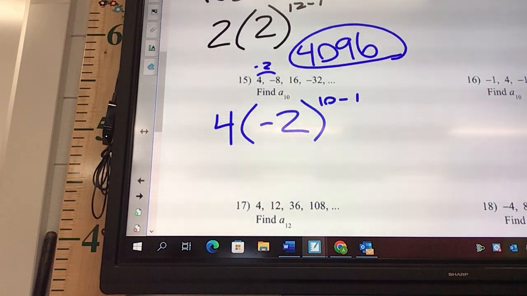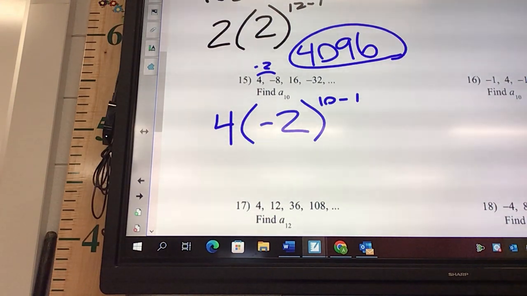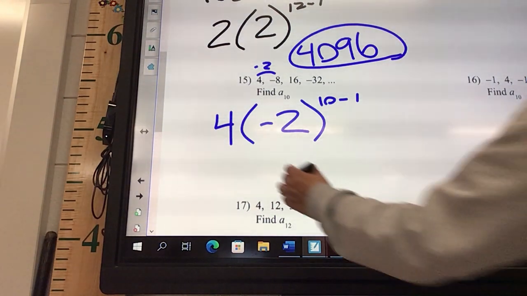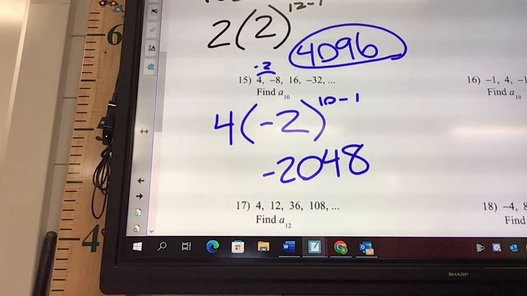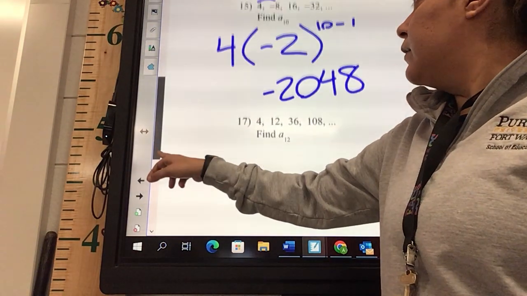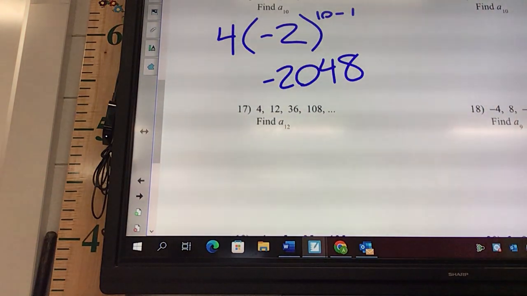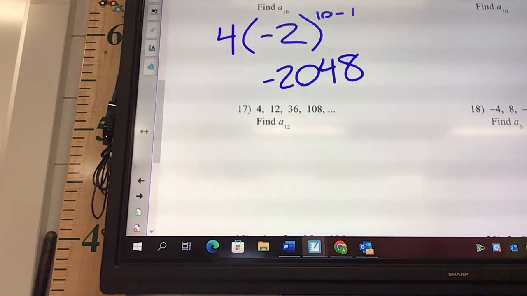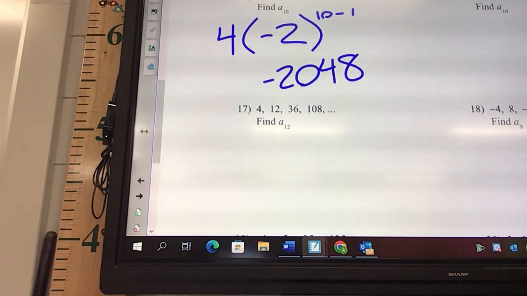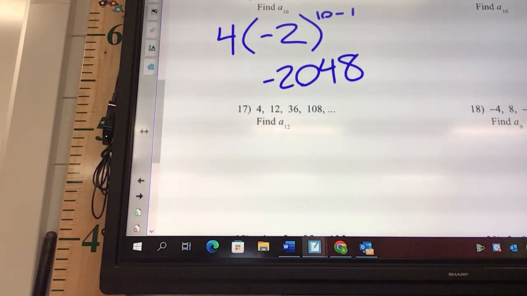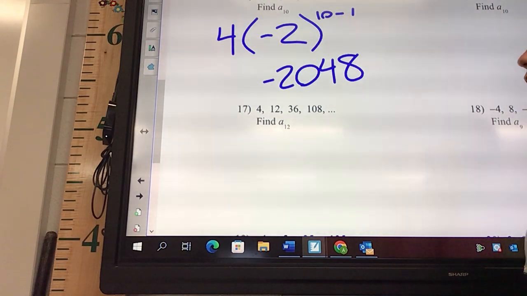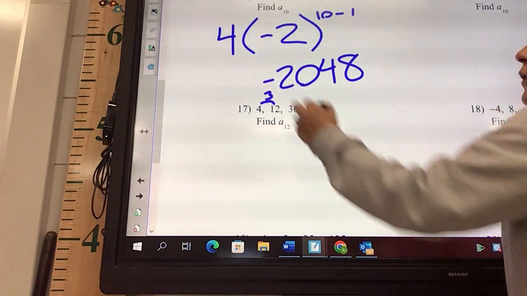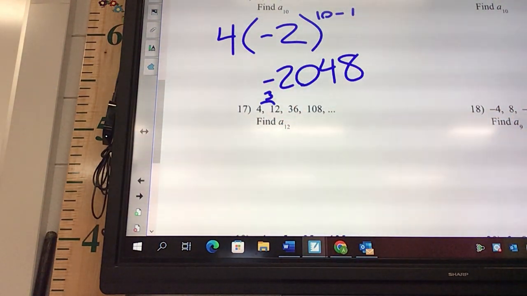What did you get for that one? -2048. Somebody agree? Yeah. Okay, look at 17. What is the common ratio? 3.